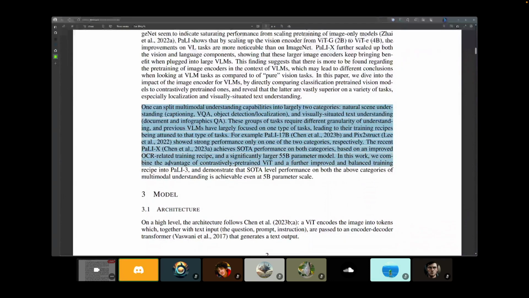In this work, we combined the advantage of contrastively pre-trained ViT and further improved and balanced the training recipe into PaliGemma 3, to demonstrate that SOTA level performance on both the categories of multimodal understanding is achievable even at 5 billion parameter scale.